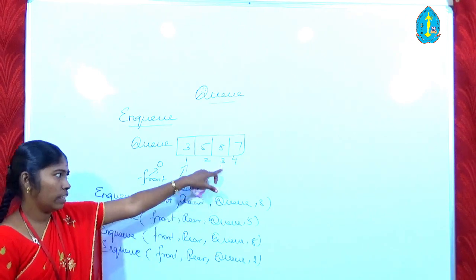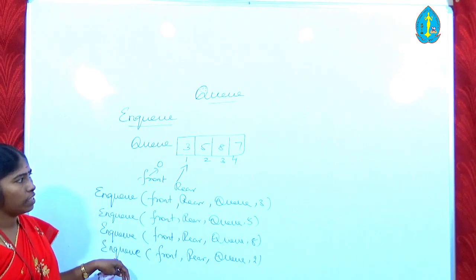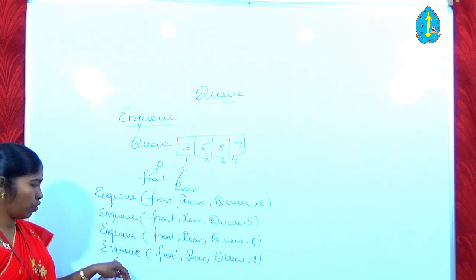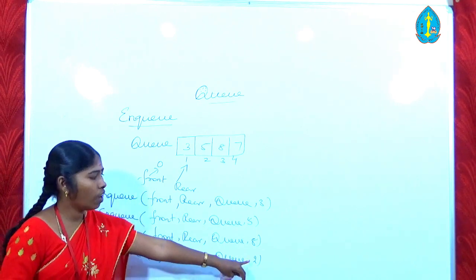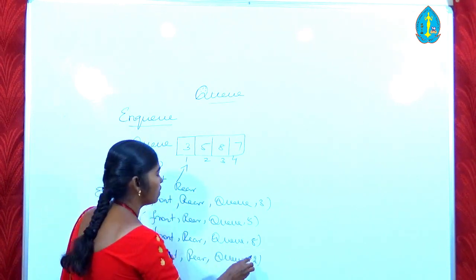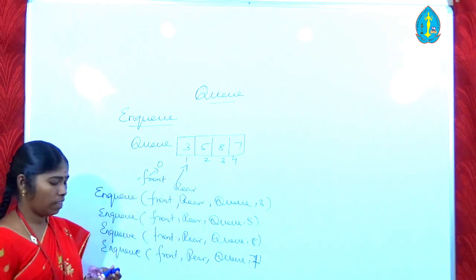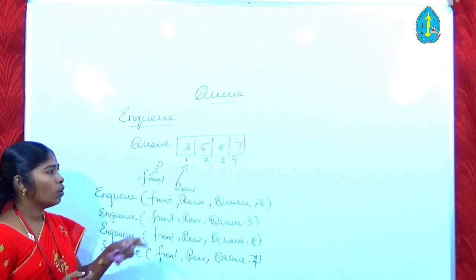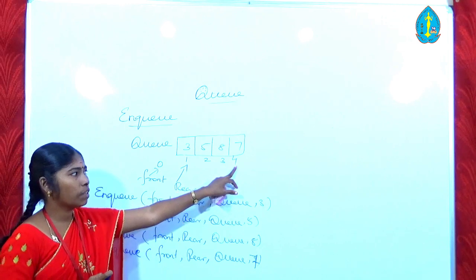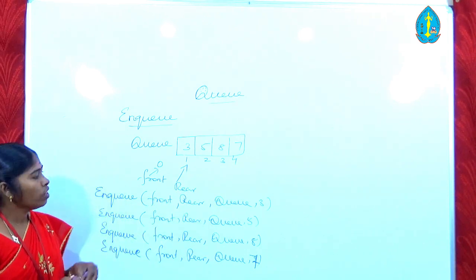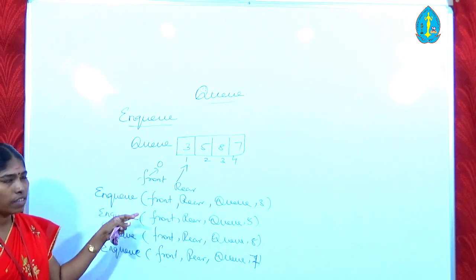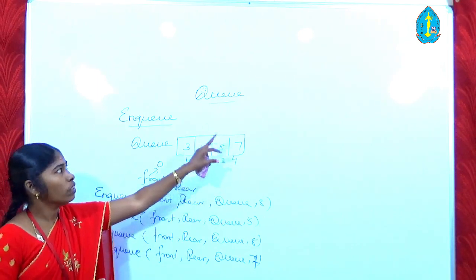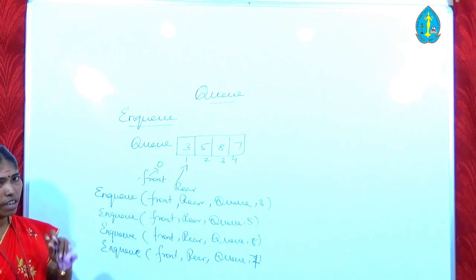Now we NQ a fourth item, passing the front and rear pointers, and the element is 7. So 7 is inserted and the rear pointer is incremented. So 4 items are inserted in that queue. This operation is called NQ.